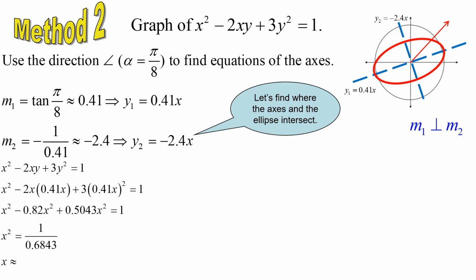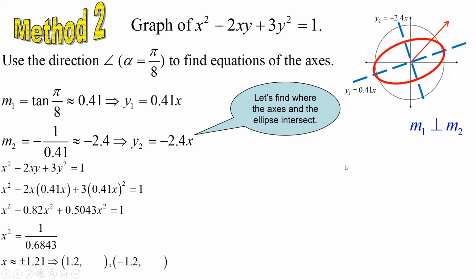Okay. And I'm getting approximately like 1.21. And there's my positive and my negative right there. Beautiful. Okay. So those are my approximate x coordinates for this point and this point.